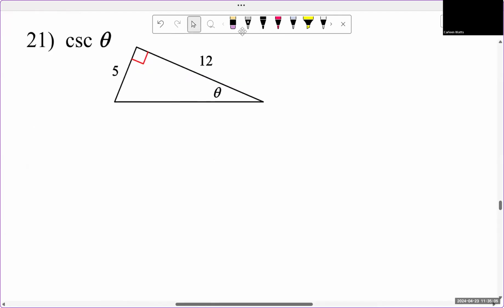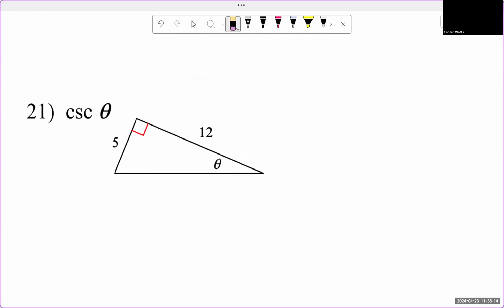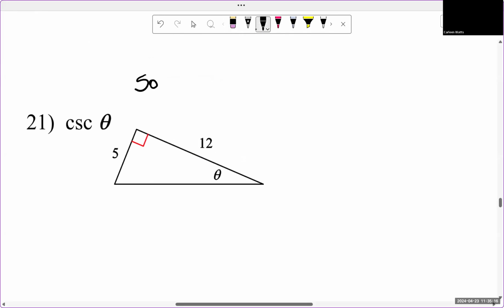Cosecant. Cosecant is the reciprocal. Okay, so let's just remember there's sine, cosine, and tangent. This is cosecant. You would think the cos would go together, but they don't.